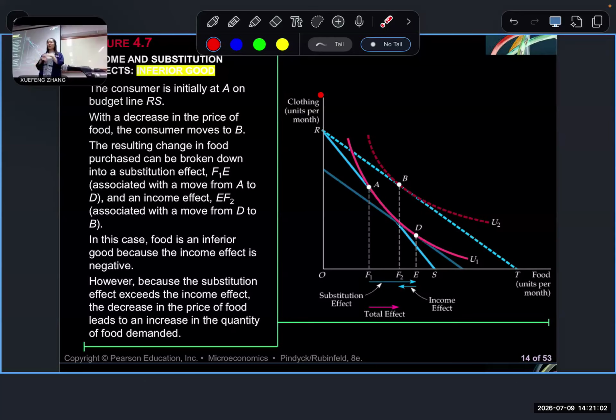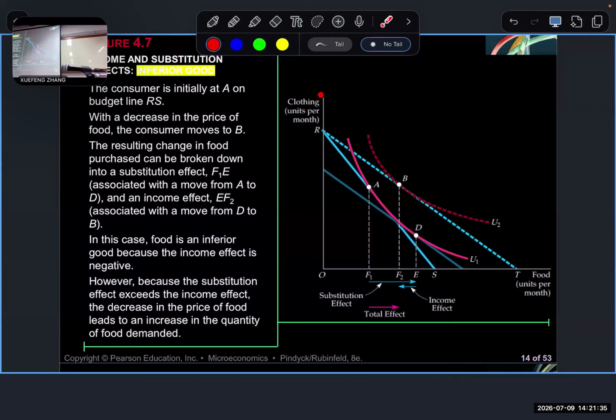On the weekend, I may record a video and explain the inferior good, how we get this graph and the demand curve for an inferior good. I promise it may be just 20 or 30 minutes, I'm not sure. For my other courses, like econometrics, I also made a recording, because I couldn't cover all the content I want to in class. That's why I have to make up virtually.